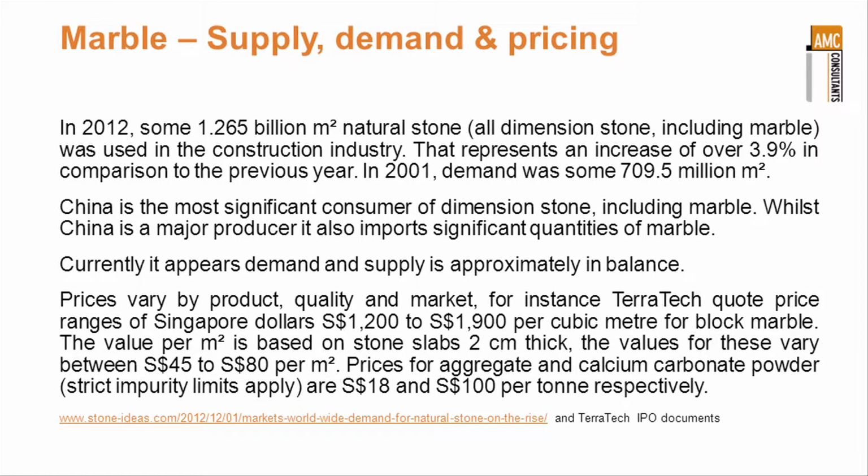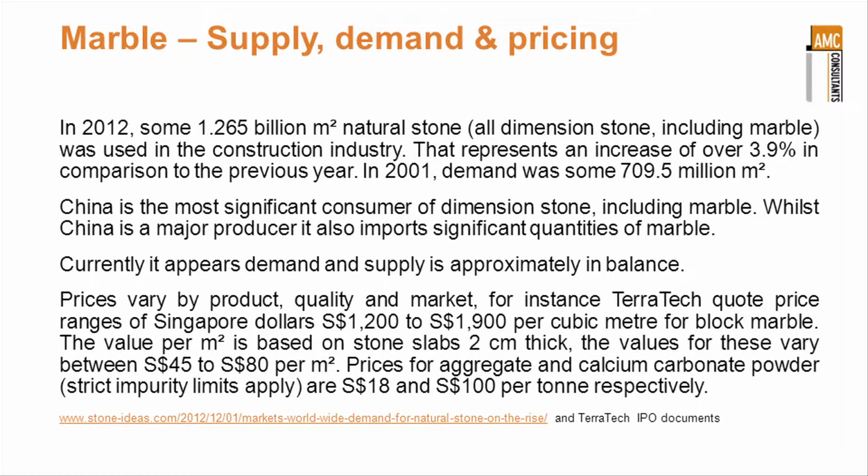China is the most significant consumer of dimension stone, including marble. It's a major producer, but it also imports significant quantities of marble. Currently, it appears that demand and supply of dimension stone, including marble, is approximately in balance.